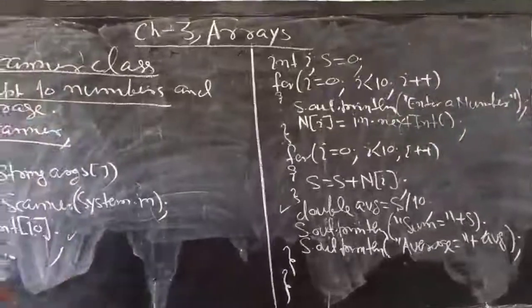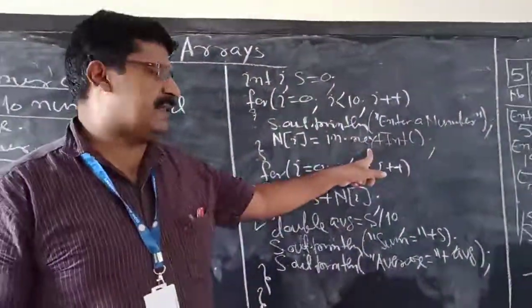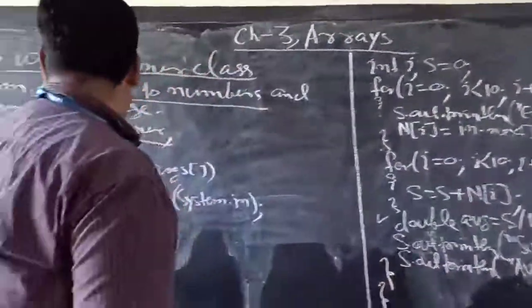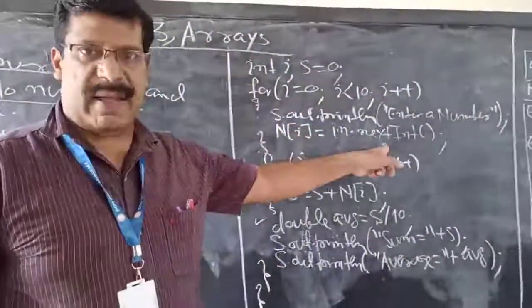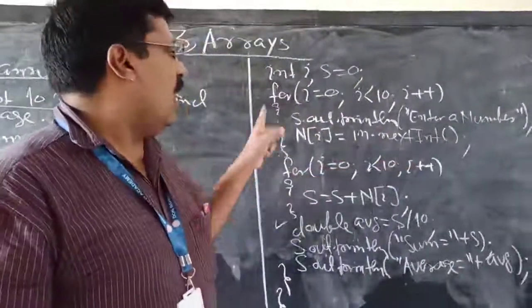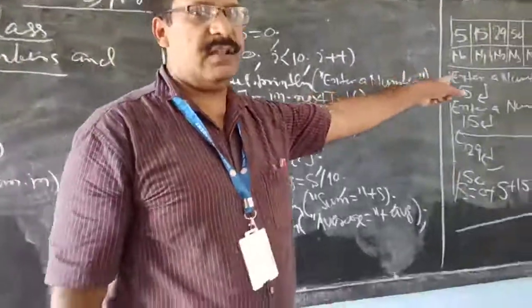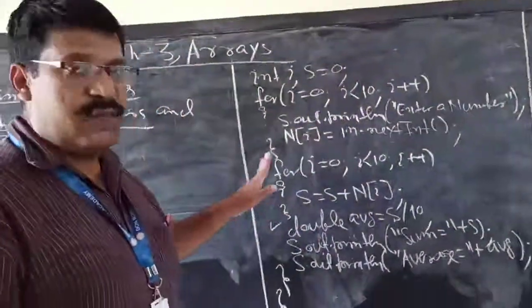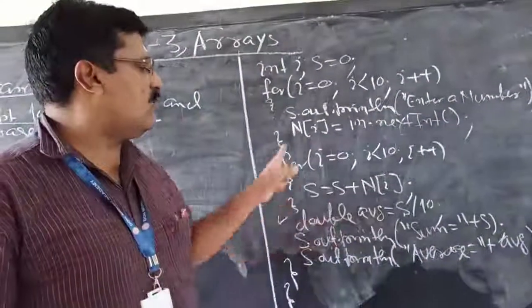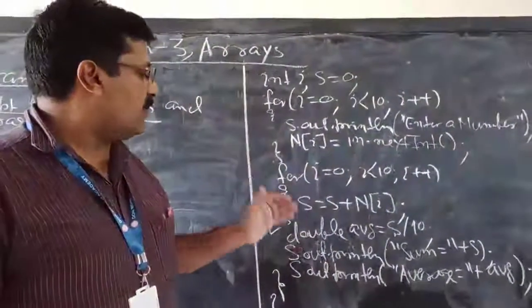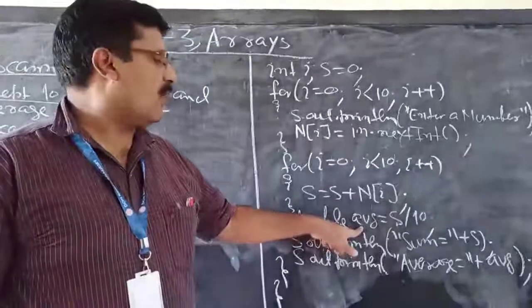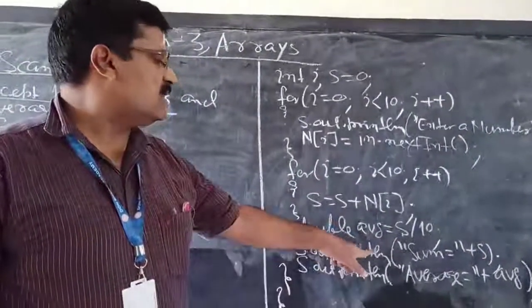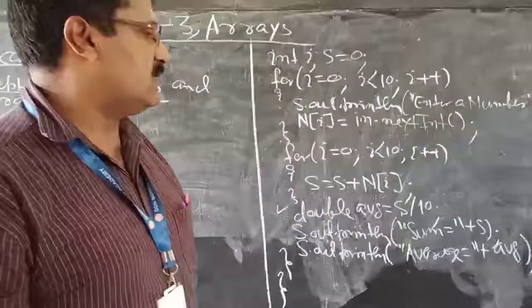The data type is int, so we use the nextInt method. If it is double or float, then accordingly we use nextDouble or nextFloat. After inputting 10 numbers like this, it finds the sum in a different loop, s equal to s plus n0, n1. After finding the sum, it comes out of the loop, calculates the average, then prints the sum and the average.